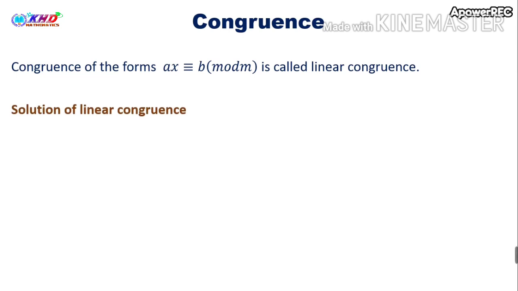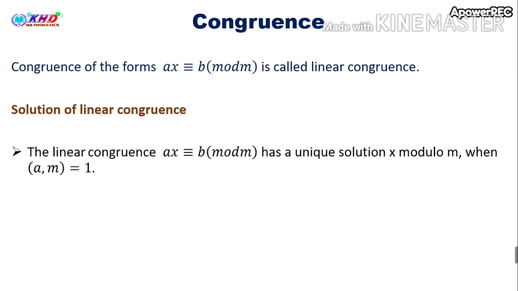Before going to actual problems, we need to know the two conditions. The first one: the linear congruence ax congruent to b mod m has a unique solution x modulo m when a and m are relatively prime, that is, GCD of a and m is 1.